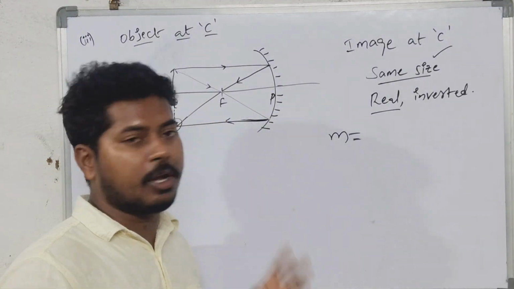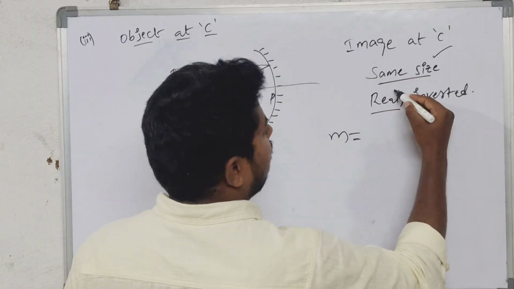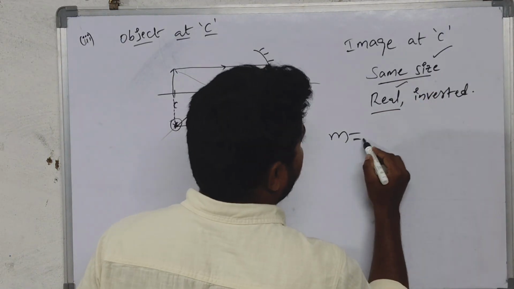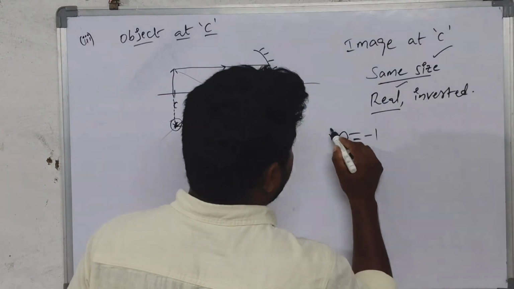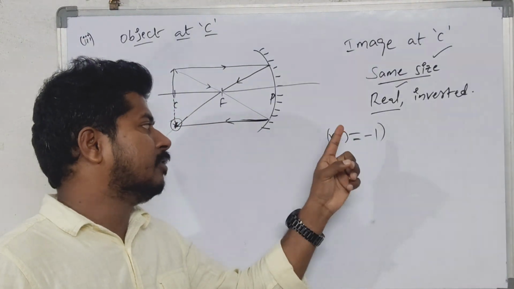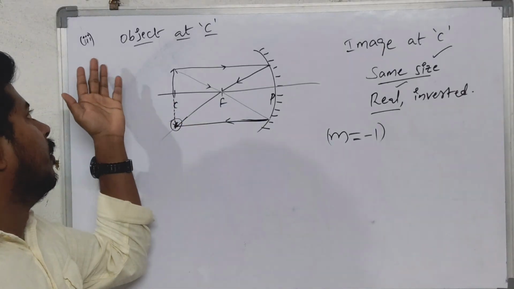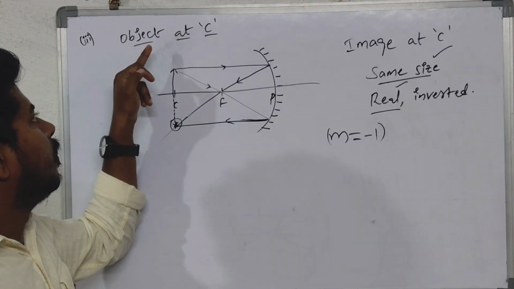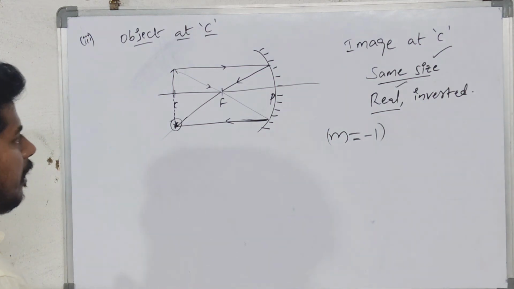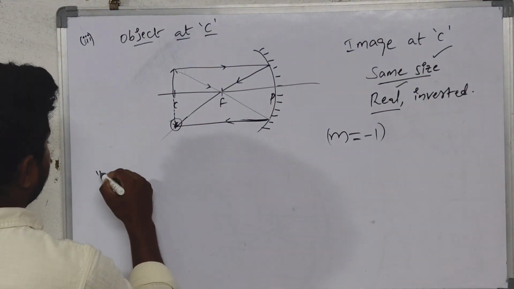Magnification is equal to, and real. For real images, magnification is negative. M equal to -1. So magnification M equals -1 when the object is placed at the center of curvature. Clear? Next, fourth case.